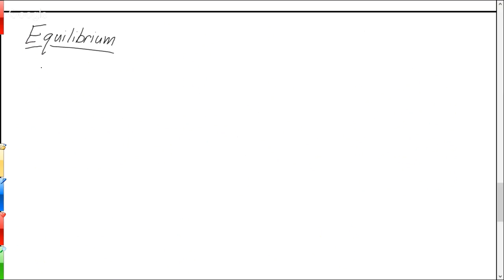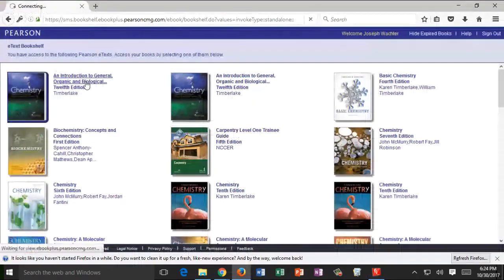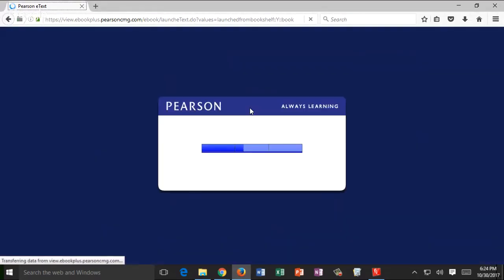Okay, so let's imagine a chemical reaction. And I'm going to pull up a figure from the book here so we can see what we're talking about.